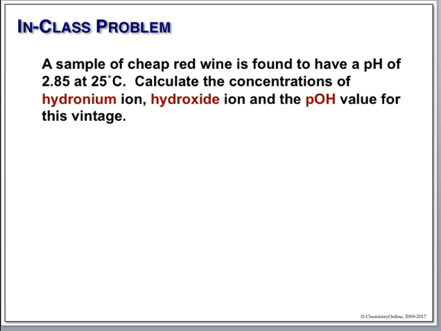It has a pH of 2.85. Trust me, you don't want to drink that. Calculate the concentrations of hydronium, hydroxide, and the pOH value. So exactly like the problems we've just been doing, except this was extra credit.